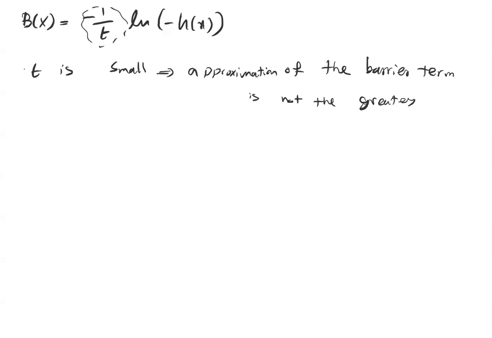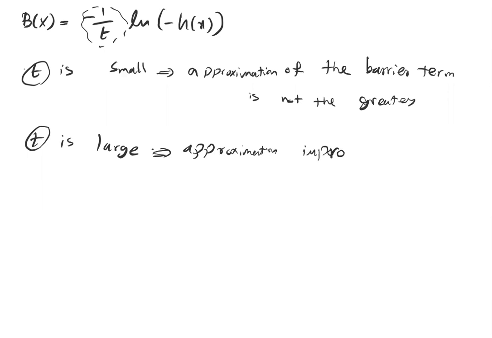So we are going to have a large term in our objective function if we choose a small value of t. If t is large, the approximation improves. So we have a more ideal barrier function, which is close to what we had here.